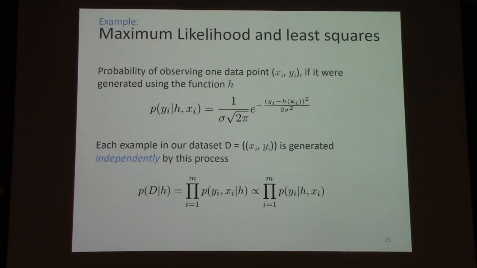Since they are all independent, it's simply the product of this expression over the entire data set. Questions before we go ahead? I haven't told you anything about why this looks like least squares, and that's the fun bit that comes up.